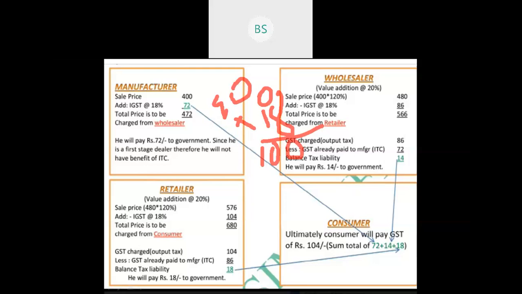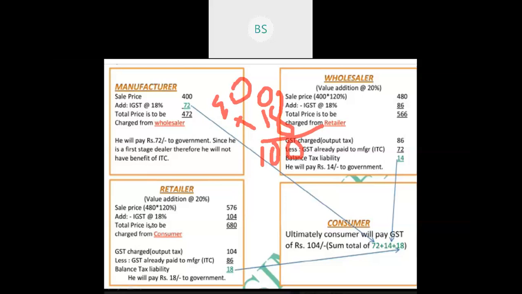That is 103.68, which they have rounded up and taken as 104. So the GST is 104. So the total amount is 680.